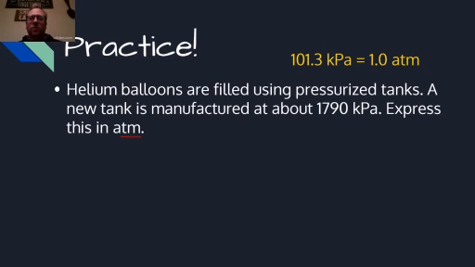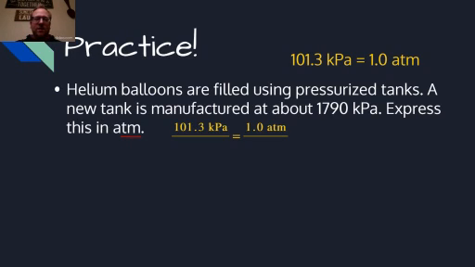Now there are several different ways to do this. I like to set up a ratio. If you have another way that you like to do it and it works for you, great, go for it, use that way. But I like to set up ratios. So here's the ratio that I'm going to set up. 101.3 kPa over something equals 1.0 ATM over something else. Notice that these are my standard pressures. This is my conversion factor.